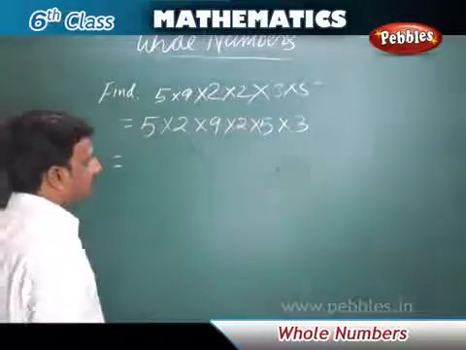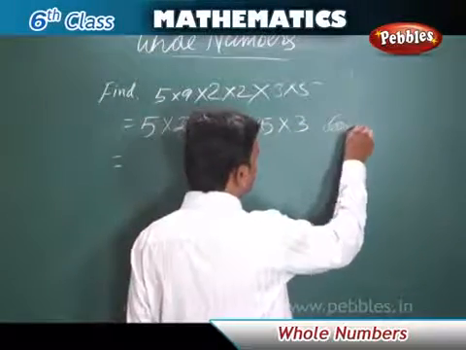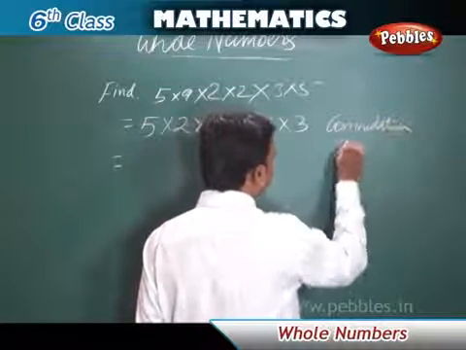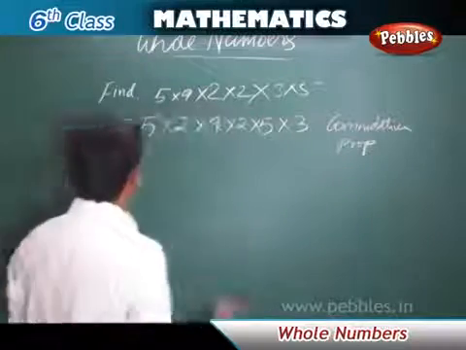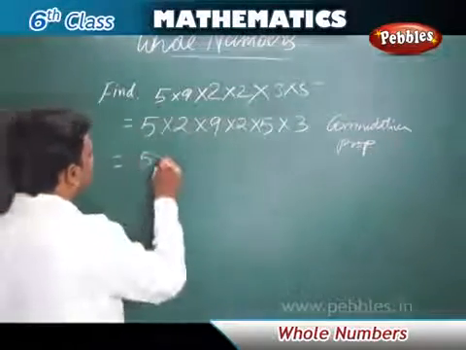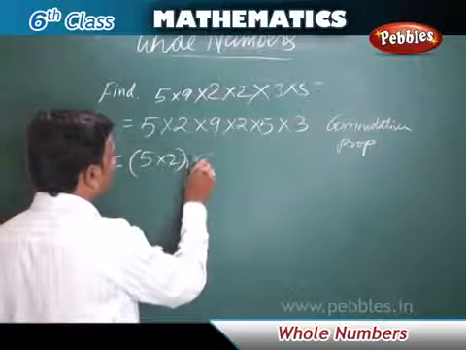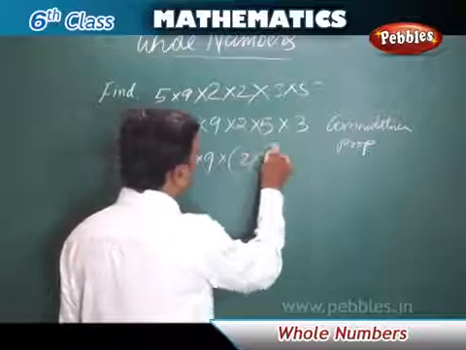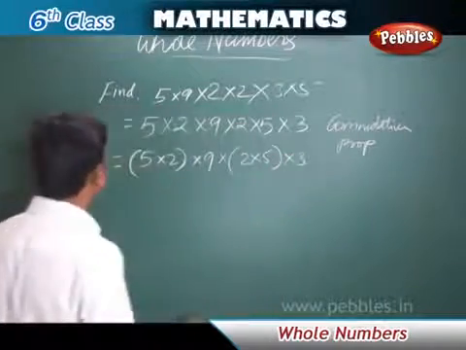So now this is the commutative property. We applied the commutative property here. So now we use the associative property. 5 into 2, into 9 into 2, into 5 into 3.